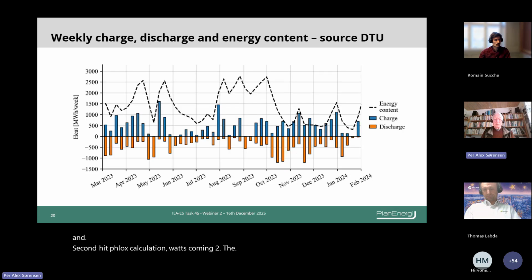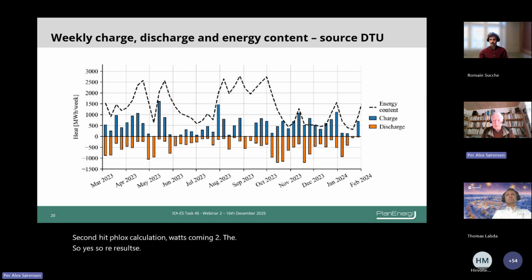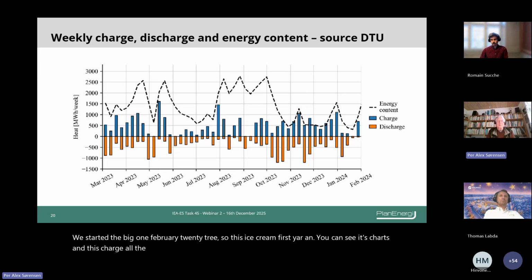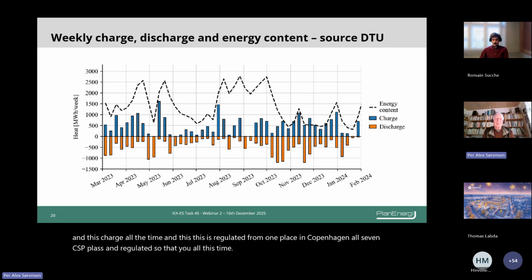So here are results from when we started the storage in February 23. So this is from the first year, and you can see it's charged and discharged all the time. And this is regulated from one place in Copenhagen where all 7 CSP plants are regulated so that you always produce heat on the cheapest plant.